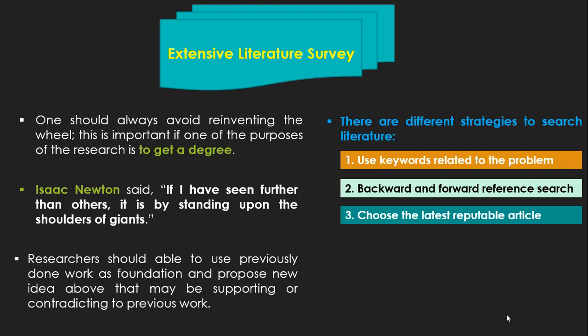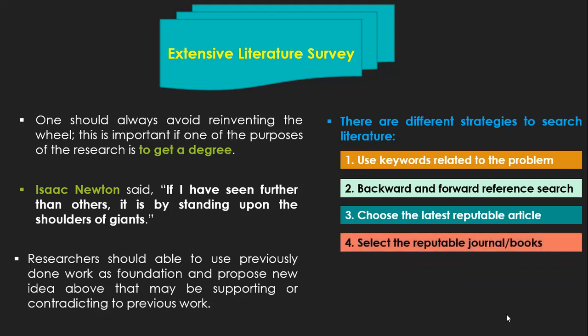For example, papers in Elsevier, Springer, Taylor's, or Nature. So that's how you can differentiate reputable papers from predatory papers. So make sure to cite only the papers that are highly reputable.